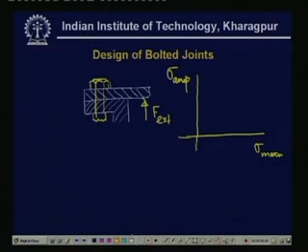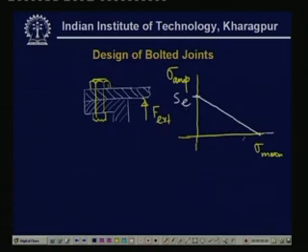See, there is one thing which is called the Soderberg line, which is a line where this maximum limit is the endurance limit or endurance strength, and that must be fully corrected.